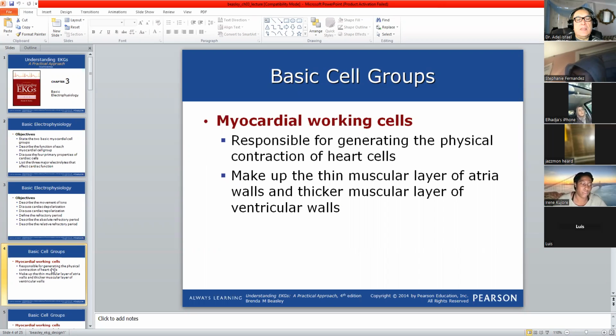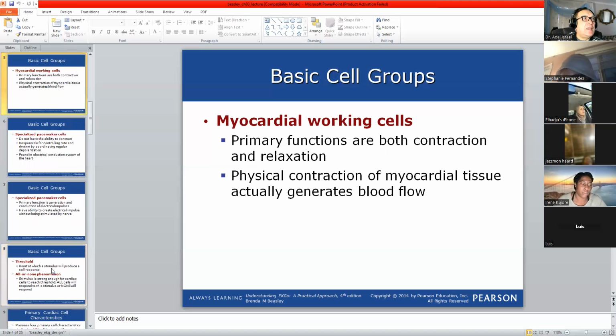This muscle works in harmony, as I told you, the atria, then the ventricles in succession, working for contraction to push the blood in the direction of the circulatory way, like we mentioned before, from right to left.